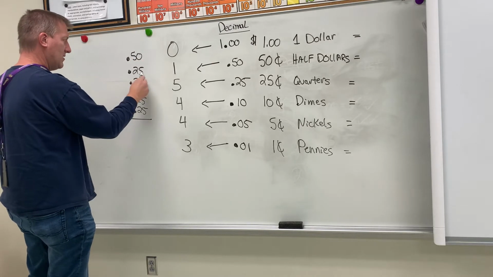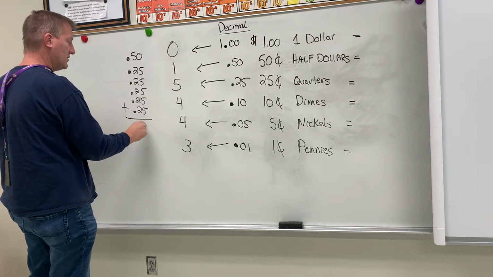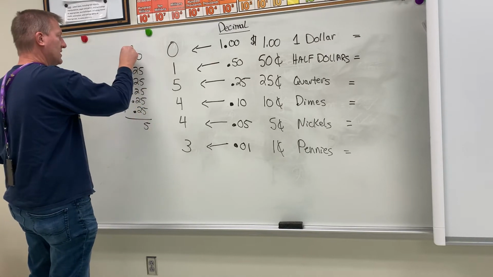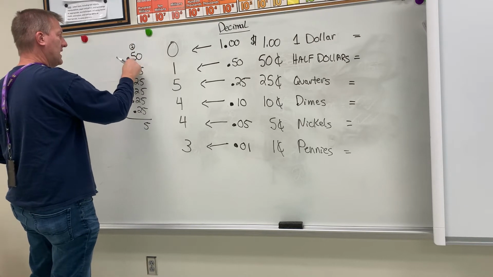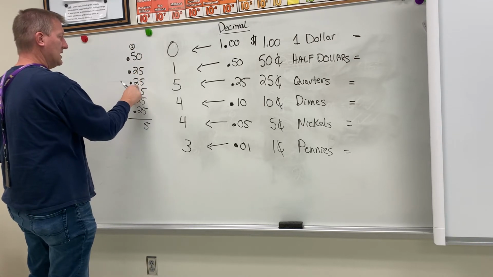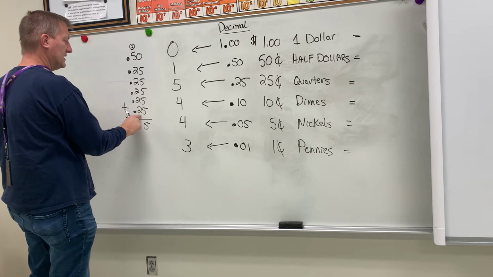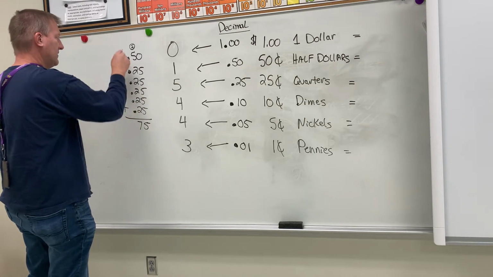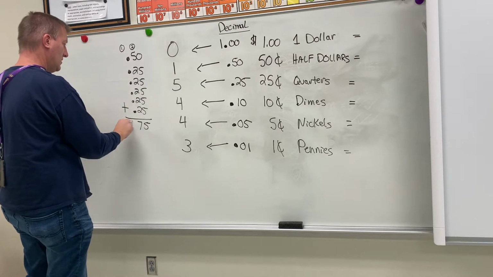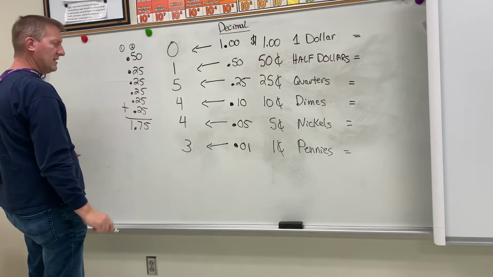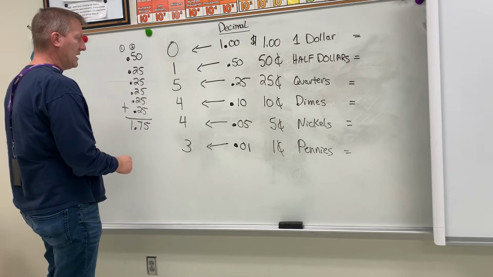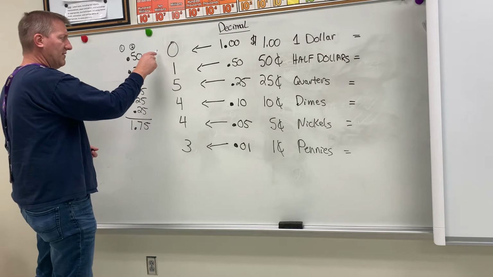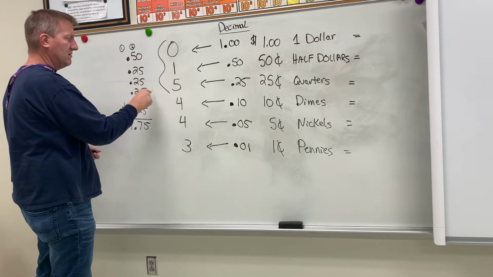So I'm going to add all those up. 5, 10, 15, 20, 25. Carry a 2. 5, 6, 7, 8, 9, 10, 11, 12, 13, 14, 15, 16, 17. 17, carry a 1. So far that gives me $1.75 for these right here.